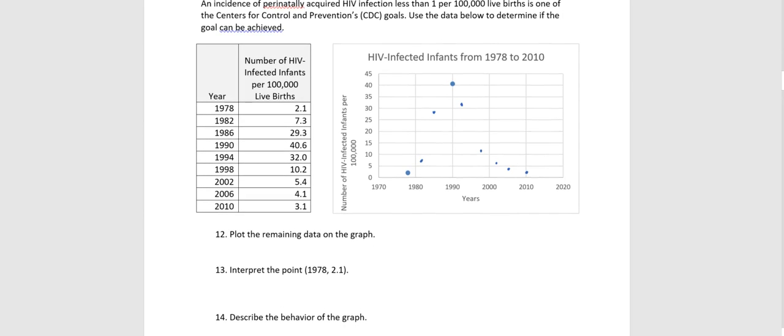Problem 3 says interpret the point (1978, 2.1).